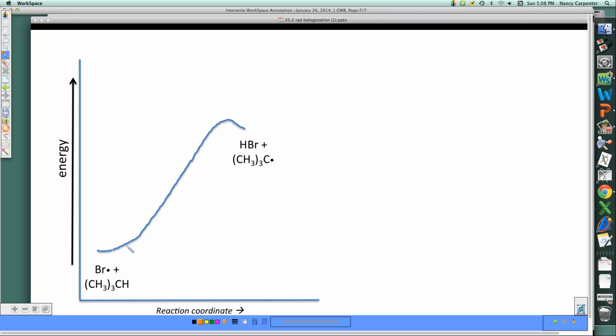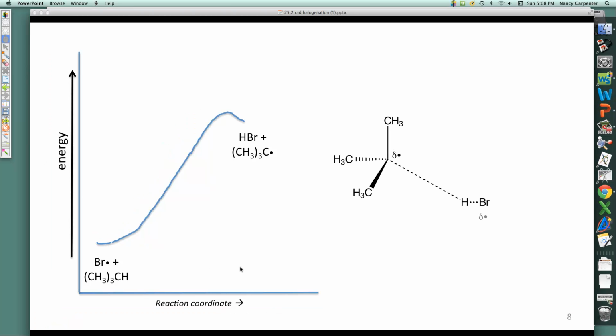Because this is an endothermic step when we're using bromine, the species right here at the transition state has mostly broken that carbon-hydrogen bond, and the hydrogen-bromine bond is almost completely formed.